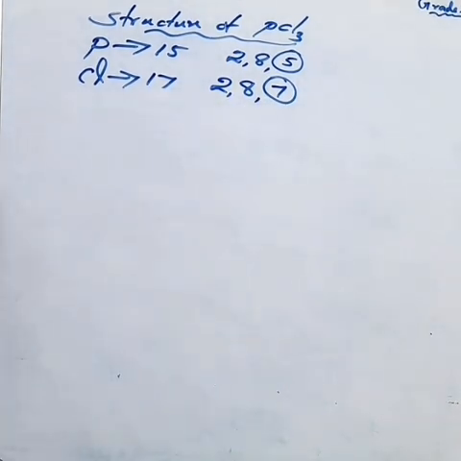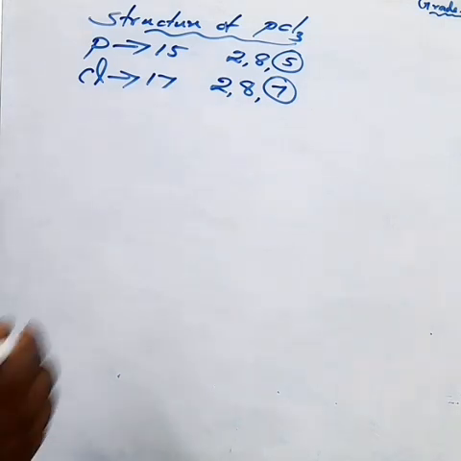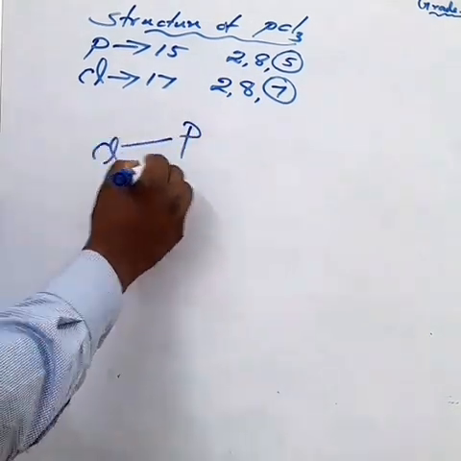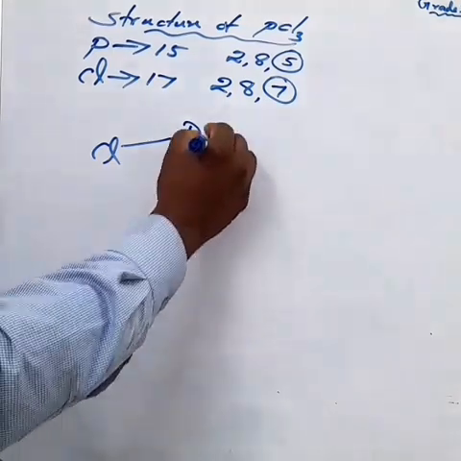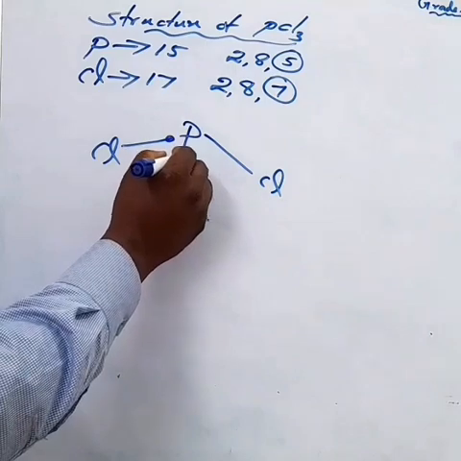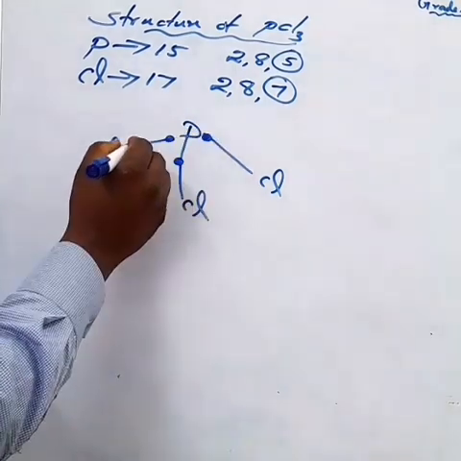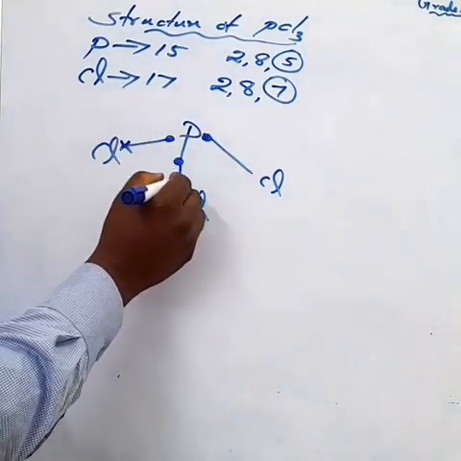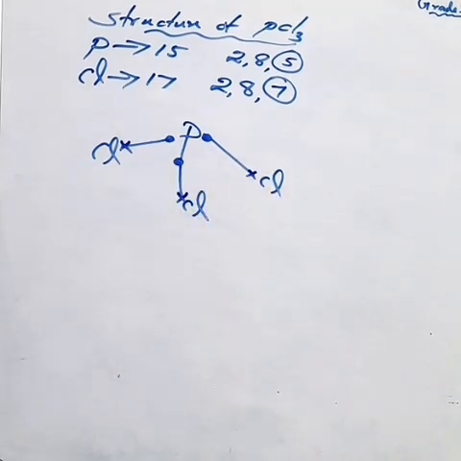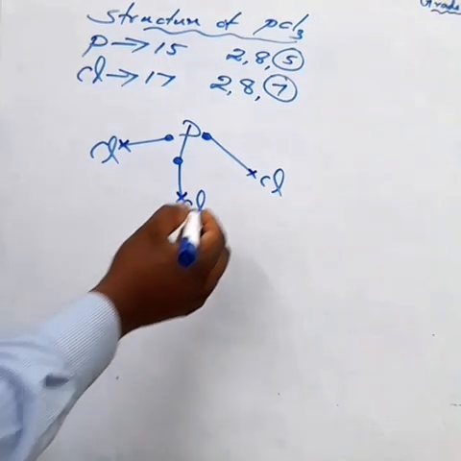Am I right? So here there is one phosphorus-chlorine bond, another phosphorus-chlorine bond, and another one. That means PCl3 has one phosphorus atom and 3 chlorine atoms. Here you have to write the bond angle and the bond length.